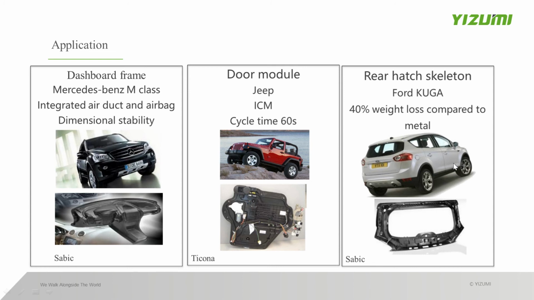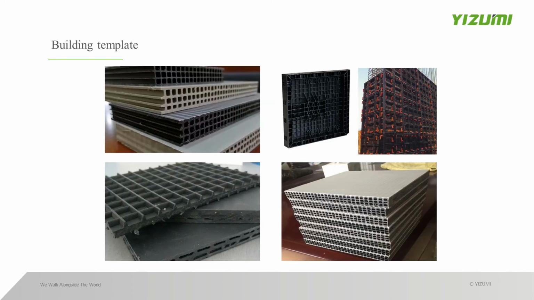So if you, our customer or our partner, are interested, we can use our process in parts like these. Besides the automotive industry, we can also use our process in building templates. You can see this part is very huge and thick.